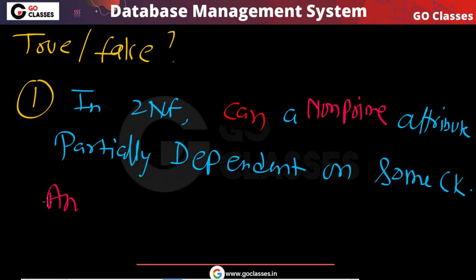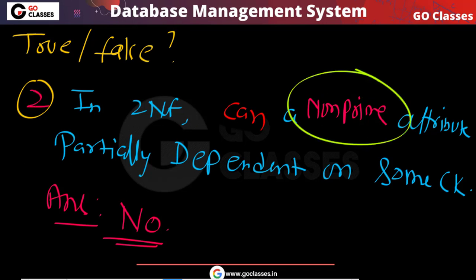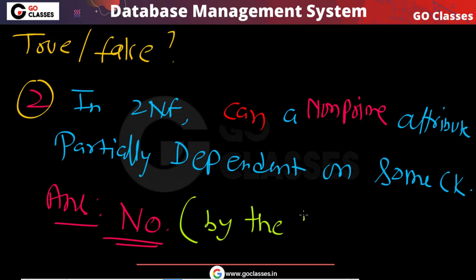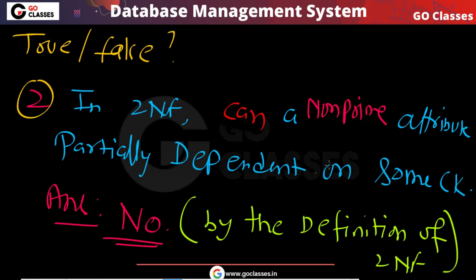Here the answer is no, because a non-prime attribute can never be partially dependent on any candidate key, by the definition of 2NF. So 2NF has a problem with a non-prime attribute partially dependent on a candidate key.